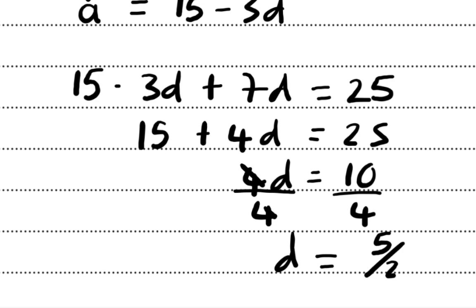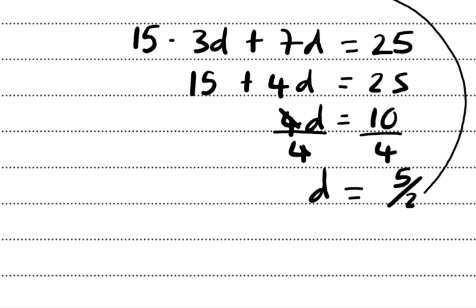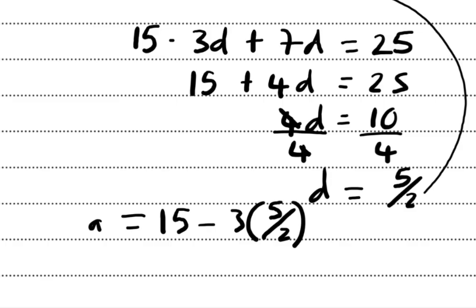And I'm going to substitute this value of d back into the first equation to get a, which is the first term of the progression. So a is 15 minus 3d, and this will give us 15 minus 3 times 5/2. This is giving me 7.5.